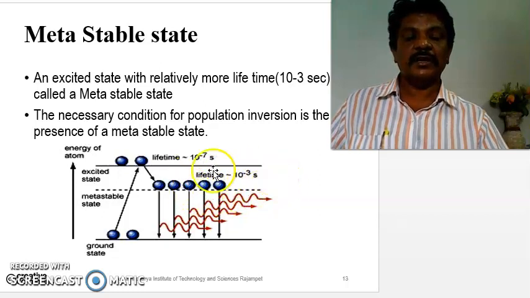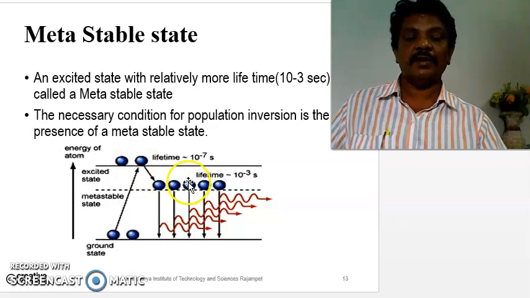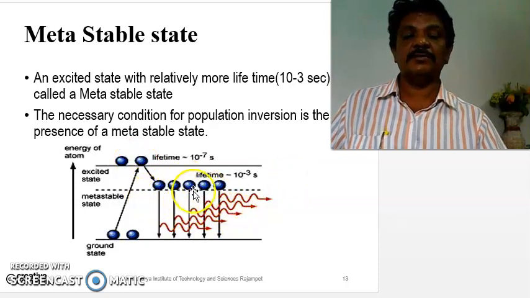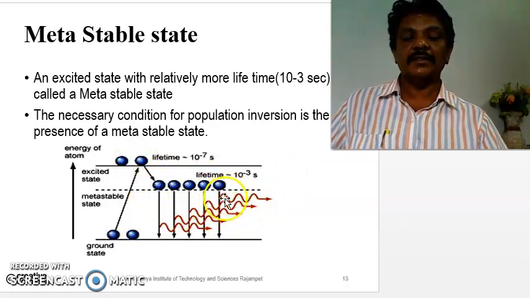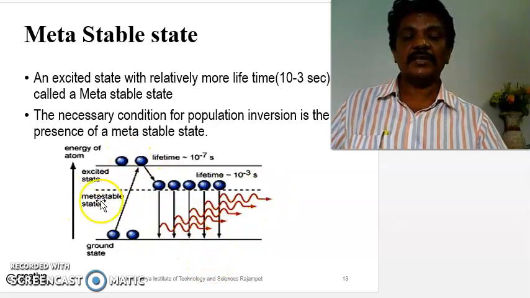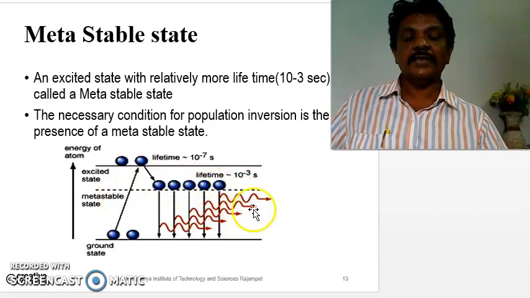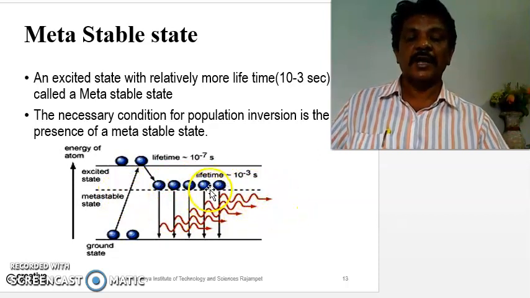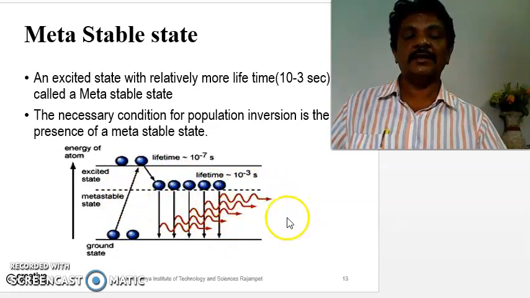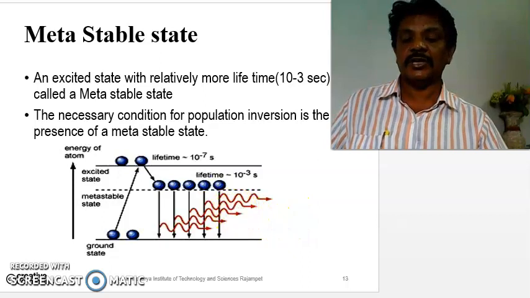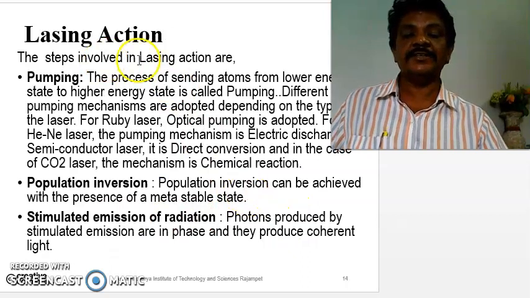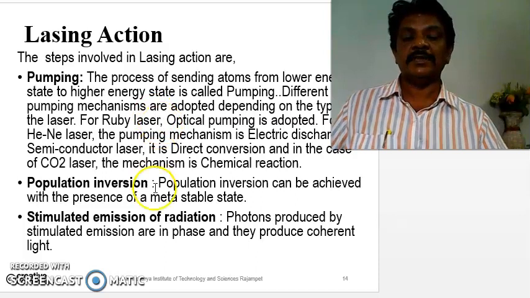Hence, the number of electrons in this metastable state is very high compared to the ground state and the excited state. This metastable state satisfies the population inversion condition and is suitable for stimulated emission. The laser action is done by means of these steps.